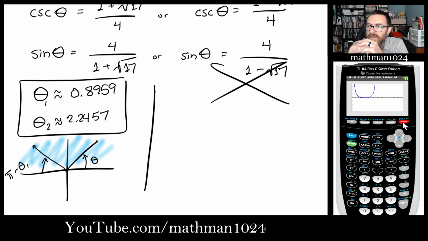Oh, that's not good. Where's the, oh, there's more of it. Okay. And how about the other one? There's one intersection point. There's 2. And then, okay, you see that?